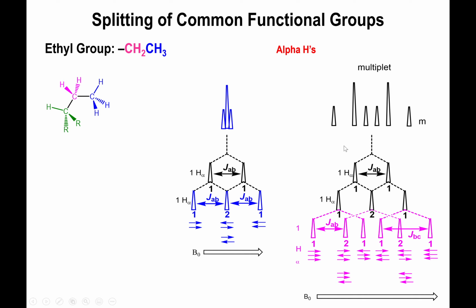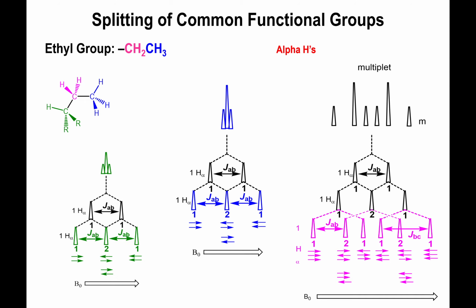We tend to just call these multiplets, and they arise ultimately because you are splitting the peaks with inequivalent hydrogens. So instead of splitting exactly 50-50, now it's more like a 60-40 or 70-30 type of split, depending on the values of the coupling constants. We're going to investigate that in more detail. But in addition to that, of course, the green hydrogen is next to a carbon with two H's, so that will also be split into triplets.